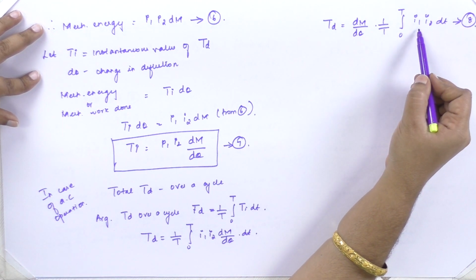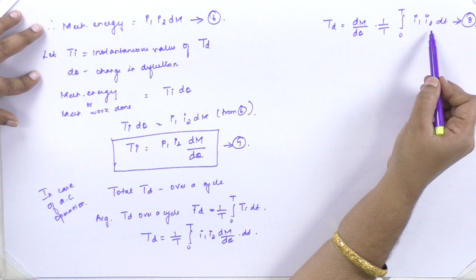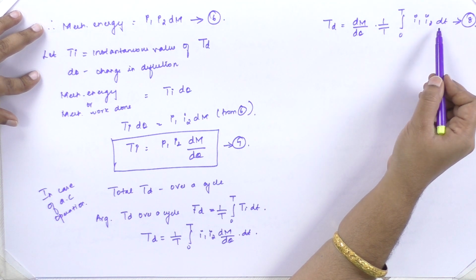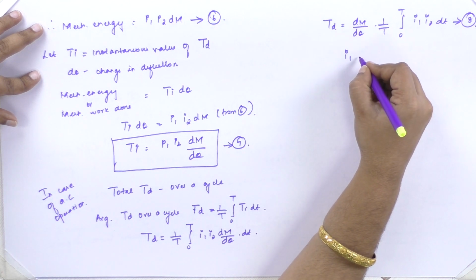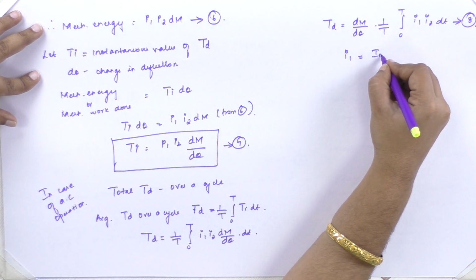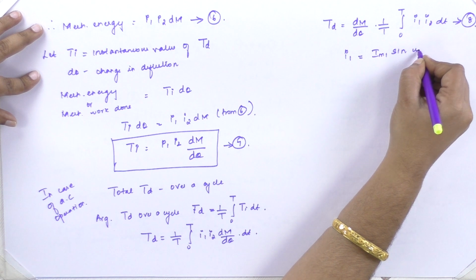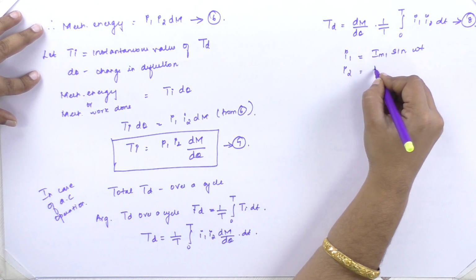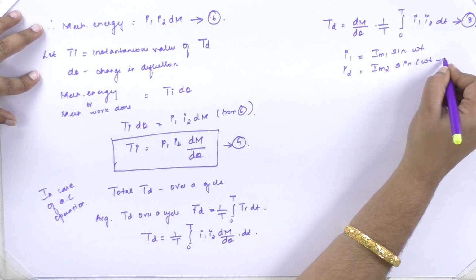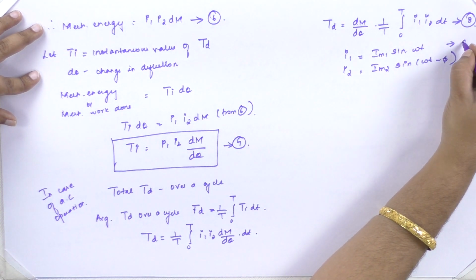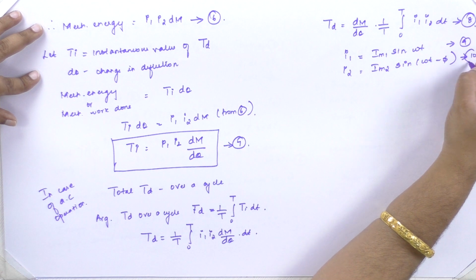Since the two currents I1 and I2, which are produced in the fixed coil and moving coil, are sinusoidal, they are displaced by an angle phi. So the instantaneous values of current can be written as I1 is equal to Im1 into sin omega t, I2 is equal to Im2 into sin of omega t minus phi. Let me take these as equations 9 and 10.